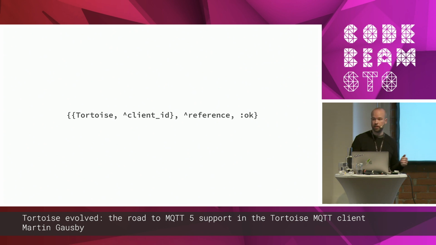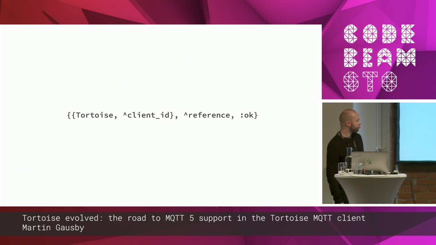So if we look at the data we will receive from Tortoise when it completes a publish with a QoS above 0, 1 or 2, it will look like this. It's namespaced with Tortoise, and it's namespaced with the client ID. So you can have multiple connections with multiple client IDs for one process.